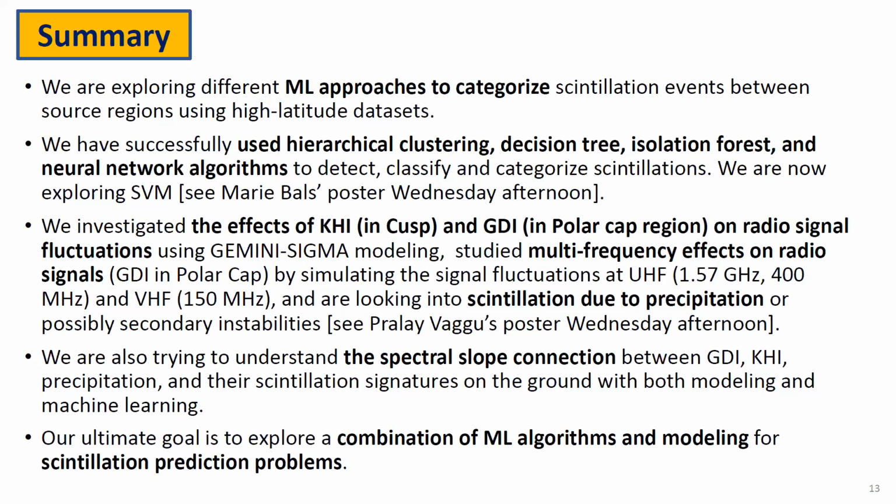And we are also trying to look at spectral slopes of these different instabilities, compared to those slopes on the ground of scintillations. Finally, at least my ultimate goal is to have a combination of machine learning algorithms and modeling for scintillation prediction problems.